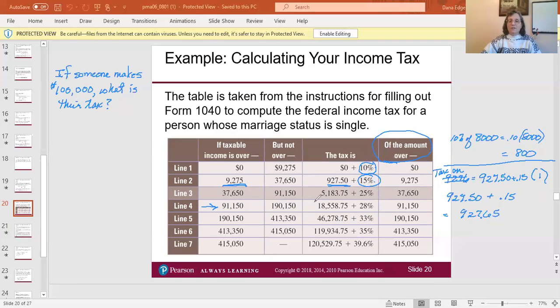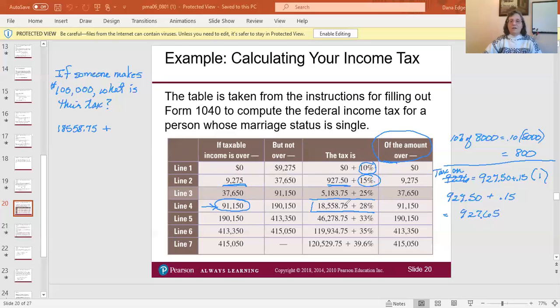So the formula is, don't add the 28% to this. They owe $18,558.75 on the first $91,150 they make.